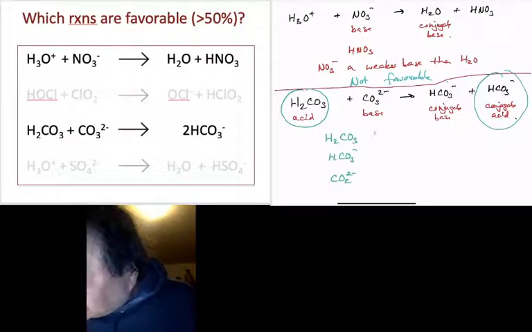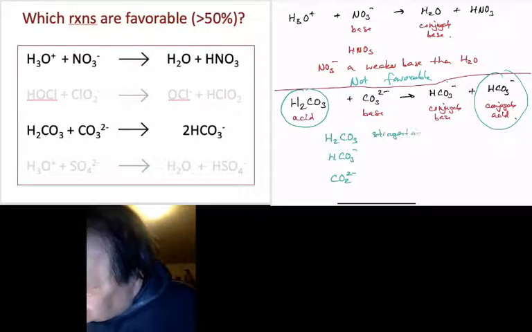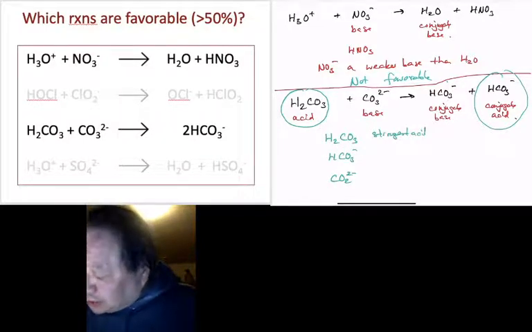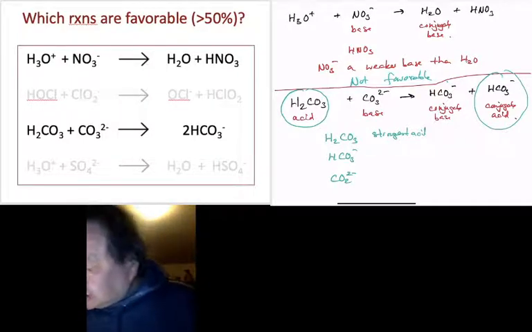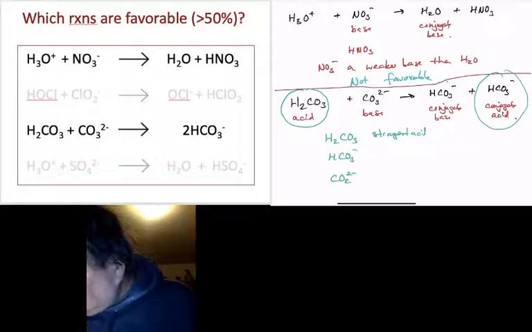And the answer is this one is the strongest acid. So, of the two acids, this one is the stronger acid. It's not a strong acid, but it's a stronger acid than the conjugate. And the reaction is therefore favorable.